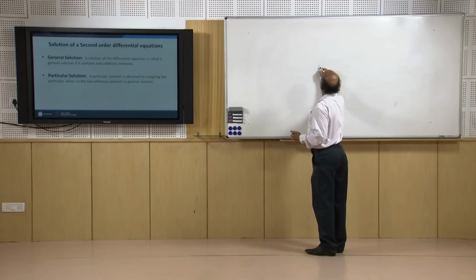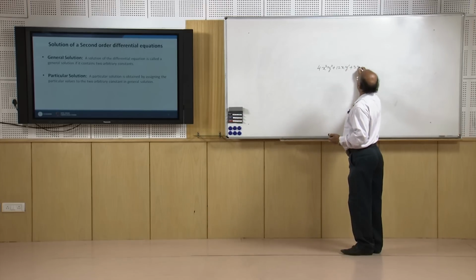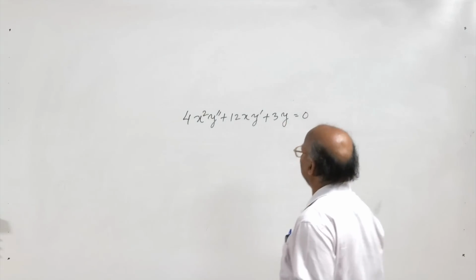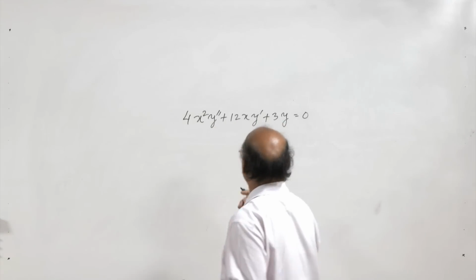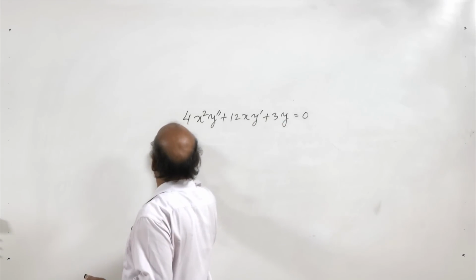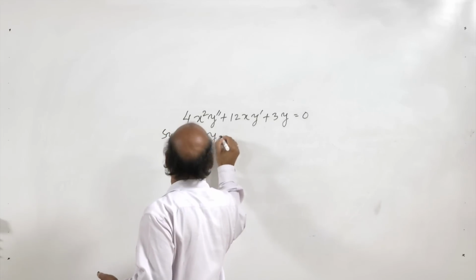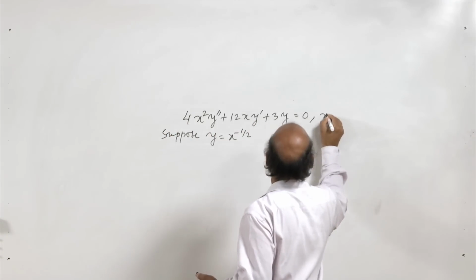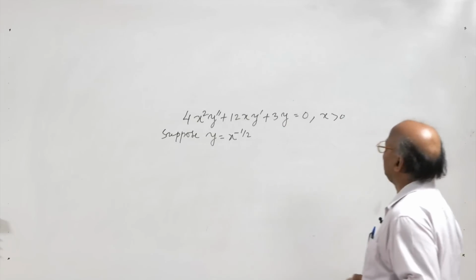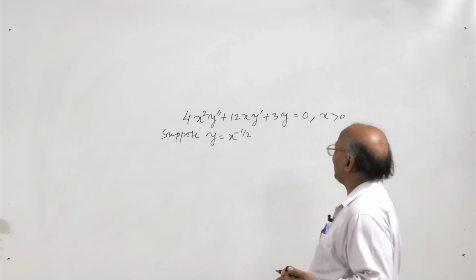Say we have 4x square y double dash plus 12x y dash plus 3y equal to 0. Suppose we have this differential equation, it is a differential equation of second order, and we have to solve it for x greater than 0.